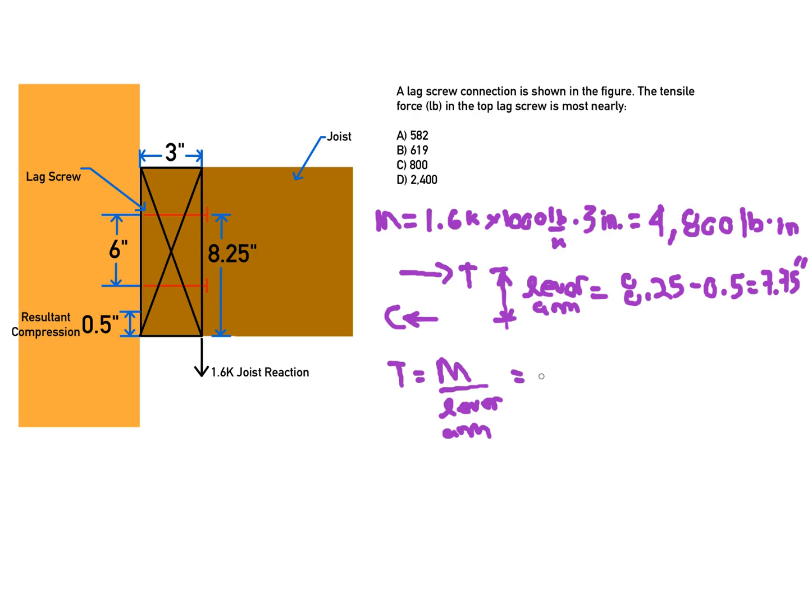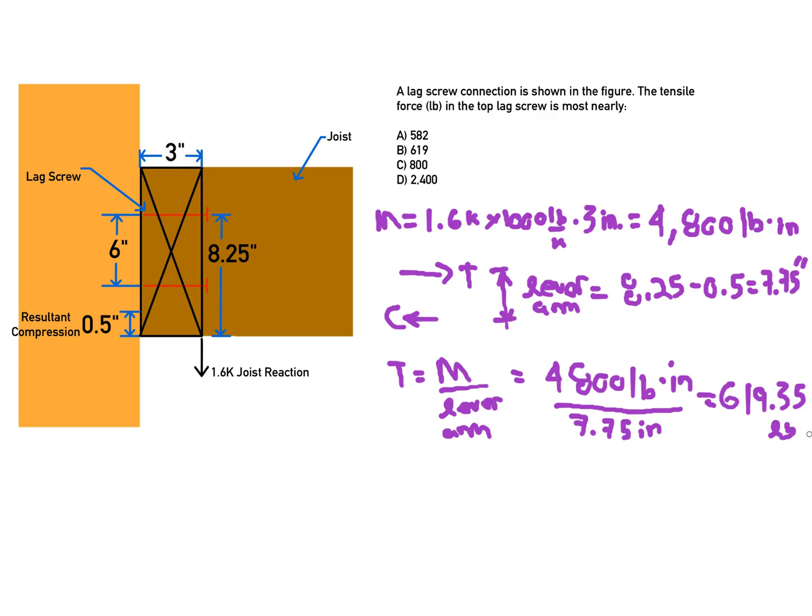So that tension is going to be equal to 4,800 pound-inches divided by 7.75, and that is equal to 619.35 pounds. And that is most nearly choice B.